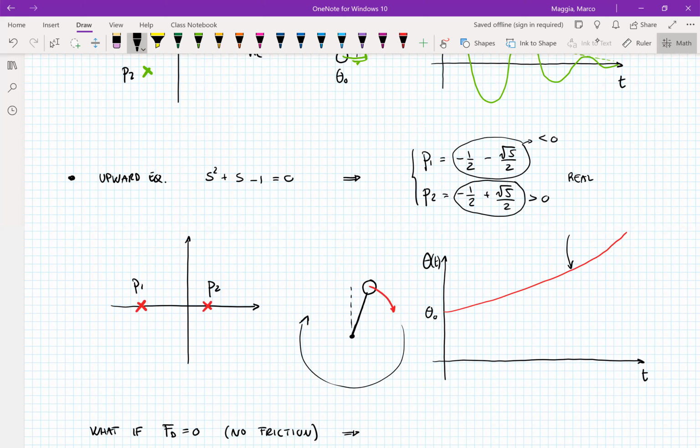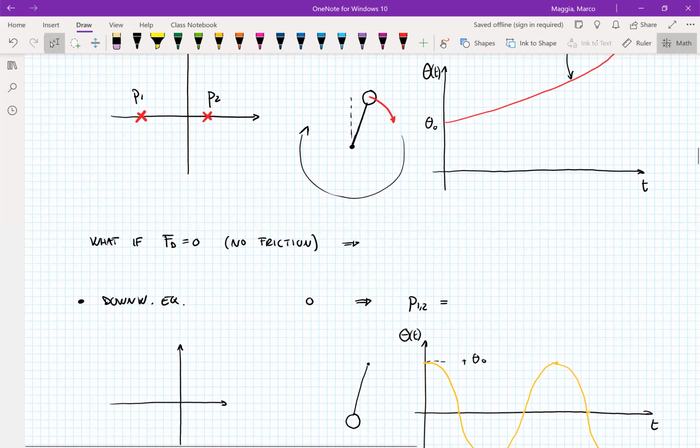But since we're dealing with a linear system, this is just a linearization of a nonlinear system. So all that matters is that it'll just go away from the equilibrium and it will never come back to it. So the key thing here is that we have a pole that is positive, or whose real part is positive. So we can start to see a trend here.